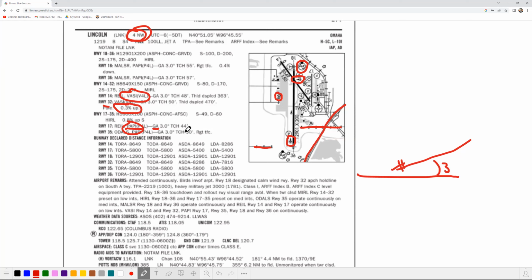And if you're flying an instrument approach, you can have more instrumentation that can tell you your glide slope. The more modern your aircraft, the more cool tech you're going to have in there. But without that, you're going to use these VASIs and PAPIs and the lights on there.